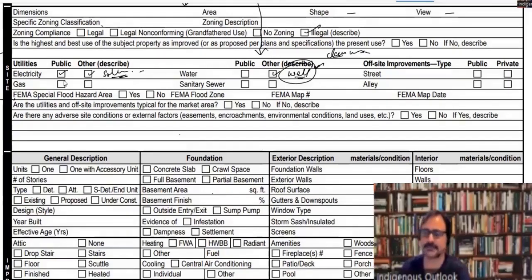Someone from the county office will come and confirm that the well is giving safe water, it is a well maintained area, and all the compliance related to the safety of the water is fulfilled. So well certification will be required.